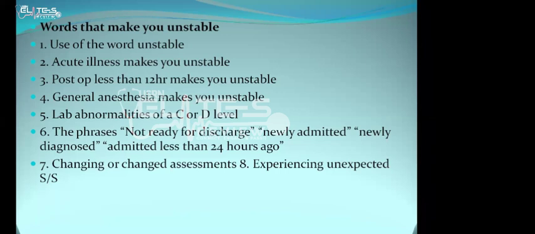I'm repeating myself on that. If the question mentions that the patient is unstable, no matter how nice you think what has been stated is, it means the patient is unstable. So take it like that, okay?